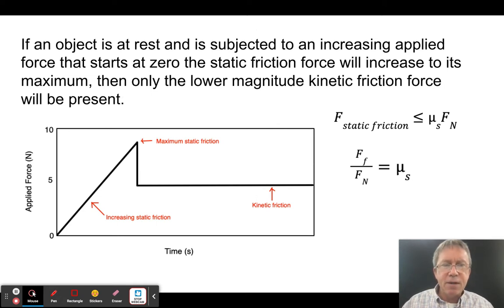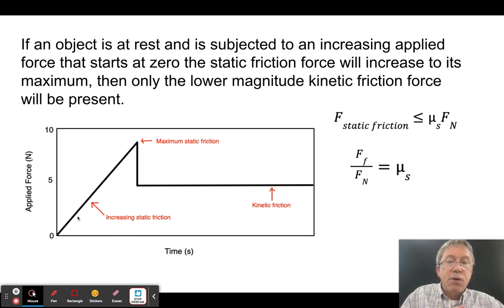This diagram might help, and we'll do this in lab. Think about it this way. I take a force probe and measure how much force I'm applying to a stationary object. At first, I'm applying no force. I apply more and more force. The object is stationary, it's not moving, so I'm increasing the amount of static friction. If I stop applying force, the static frictional force will go to zero.